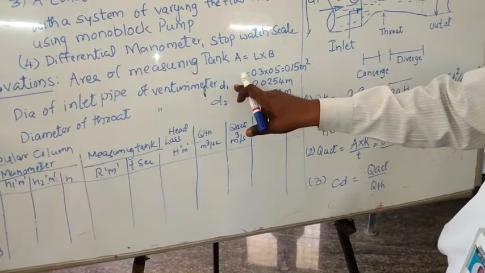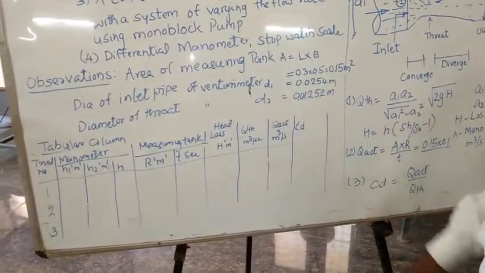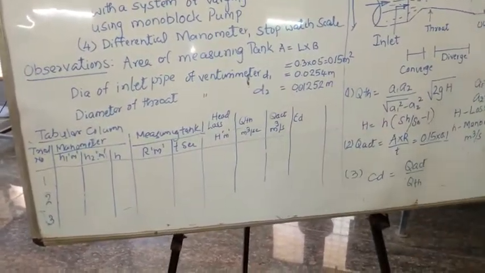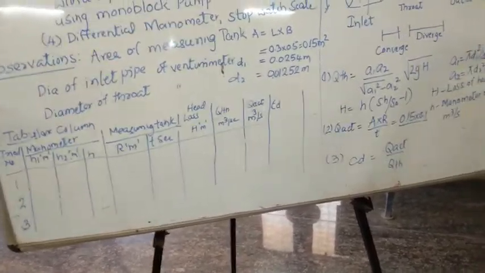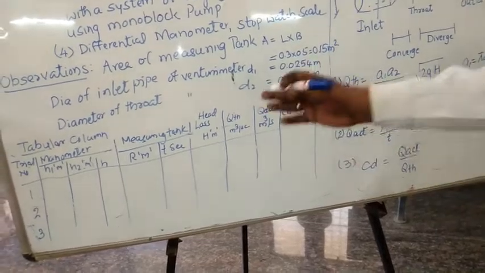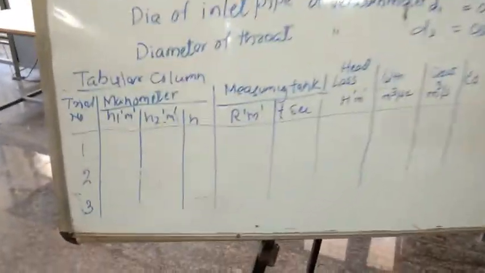Here the diameter at the throat portion is reduced to 0.0127 meters, that is half inch. Then the tabular column is as shown in the figure, and the formulas are as shown in the figure.